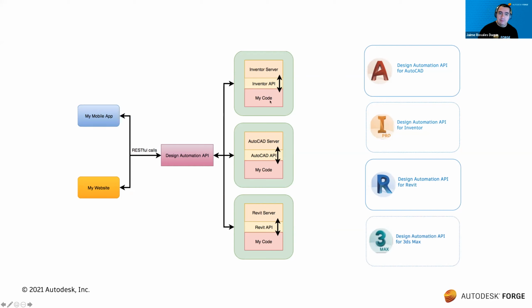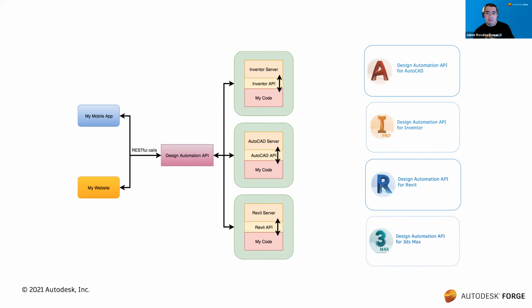So your code will be kind of like a defined activity of what's going to happen in there, right? Depending on what kind of engine we are going to be using, we're going to have to define that code using the product API. So in this case, let's say we're using the Revit API because we want to create a template model out of a set of points that we plotted somewhere in a web application or on a mobile application.